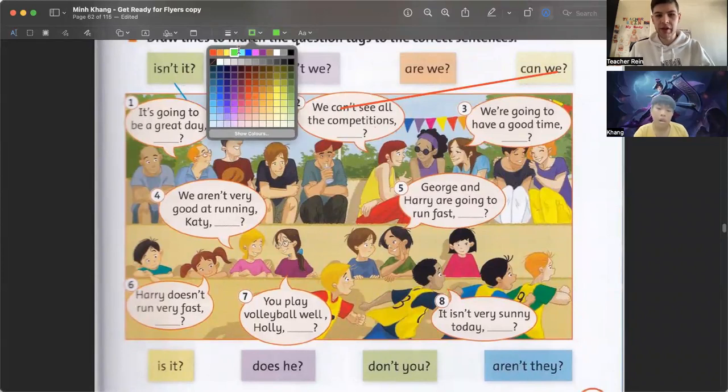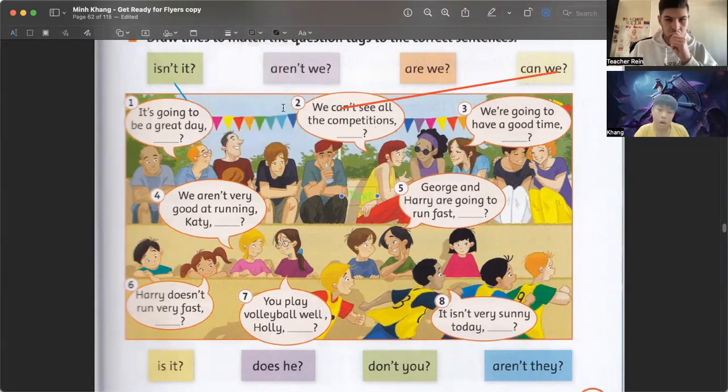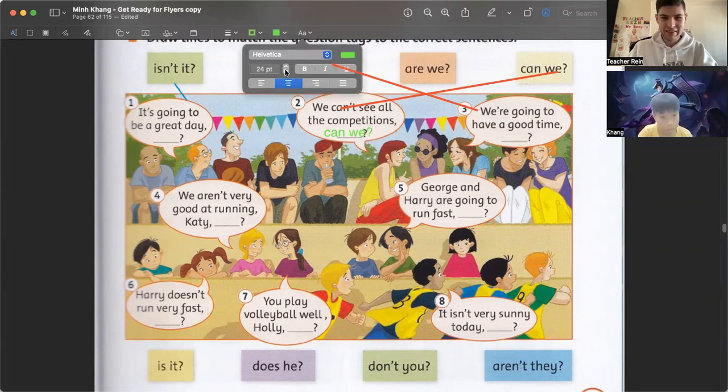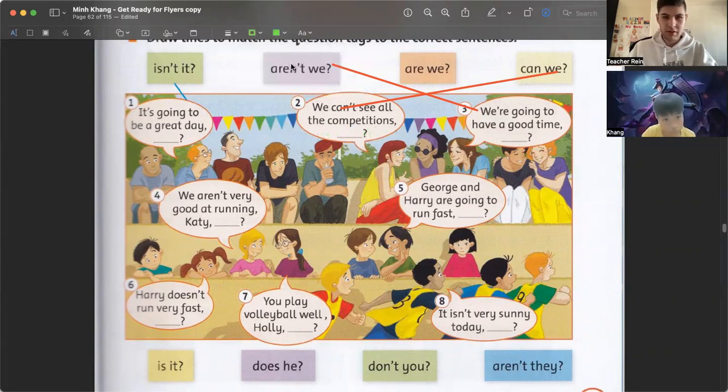Number 3, can you start reading for us number 3, please? We're going to have a good time, aren't we? There we go, aren't we? Okay, number 4. We aren't very good at running, Katie. Why is it so big?